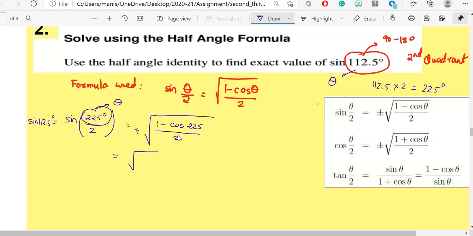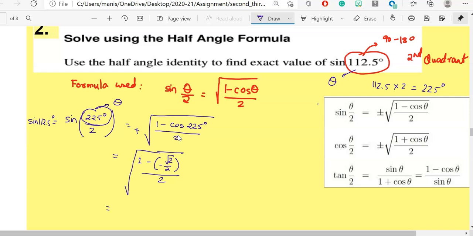1 minus cosine of 225 degrees. So what is my cosine 225 degrees? Using the unit circle, it is negative radical 2 over 2, and divided by 2. Now do keep in mind, everything I am doing is under one radical. So I have to erase this and draw the radical again.